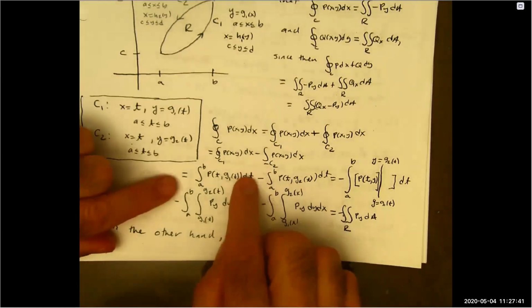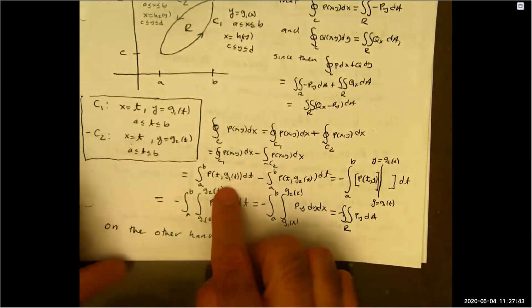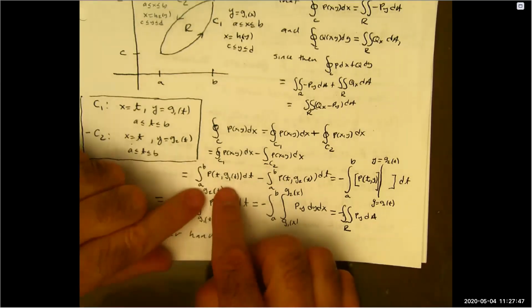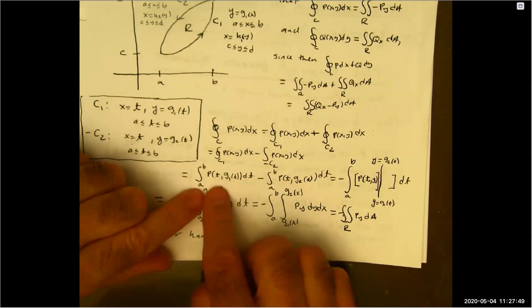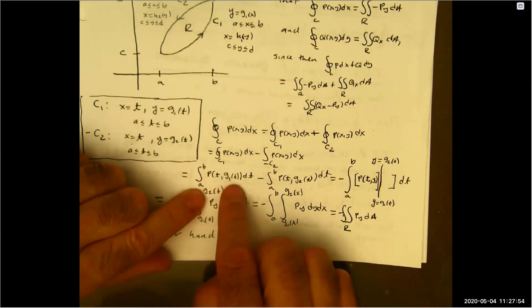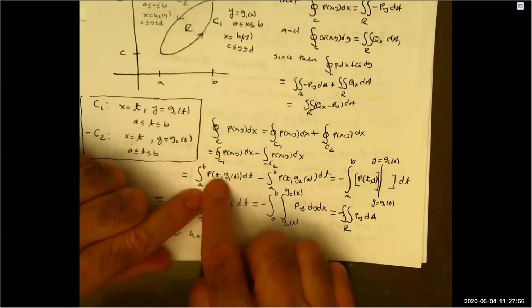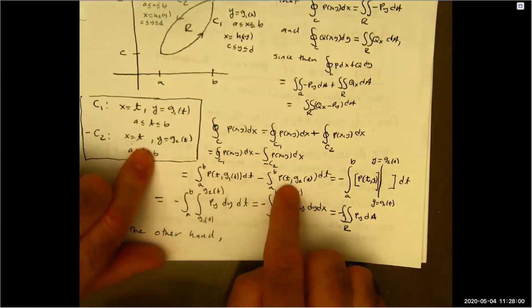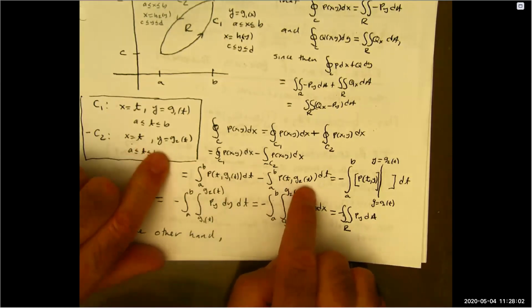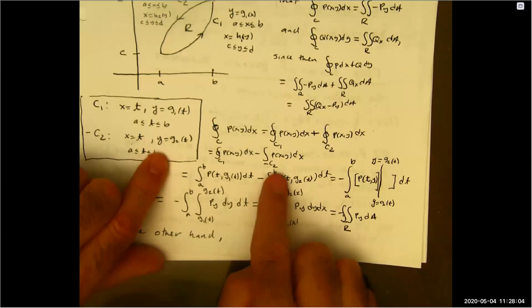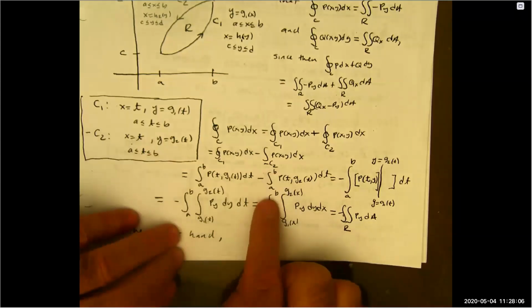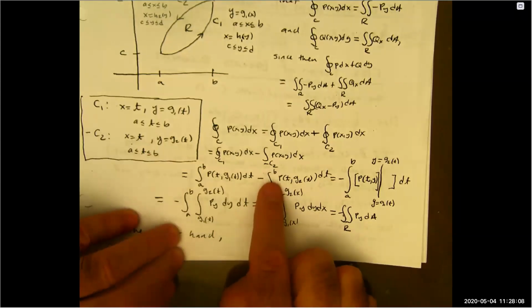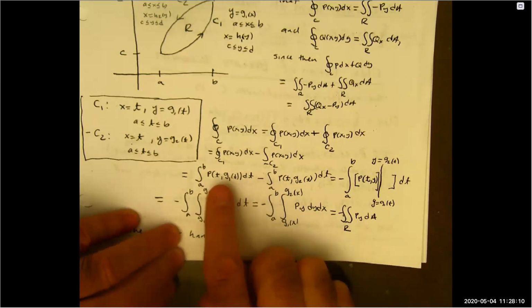All right, so now we can rewrite our integrals with the parameterizations. Remember, x is t in C1, and y is g1 of t, and t goes from a to b. And for minus C2, x is t, and y is g2 of t, and t goes from a to b. Now we can factor out a minus.